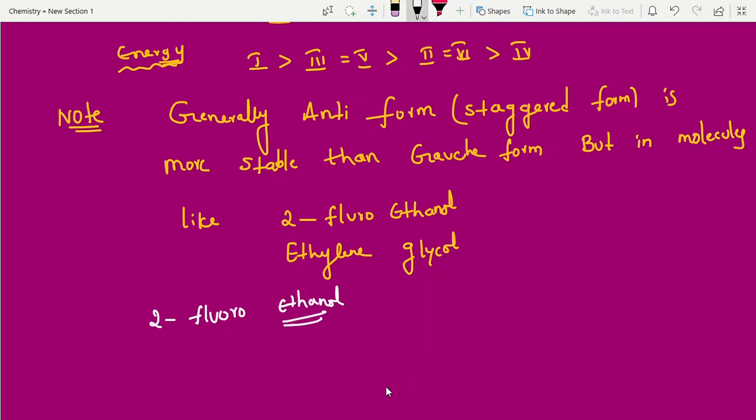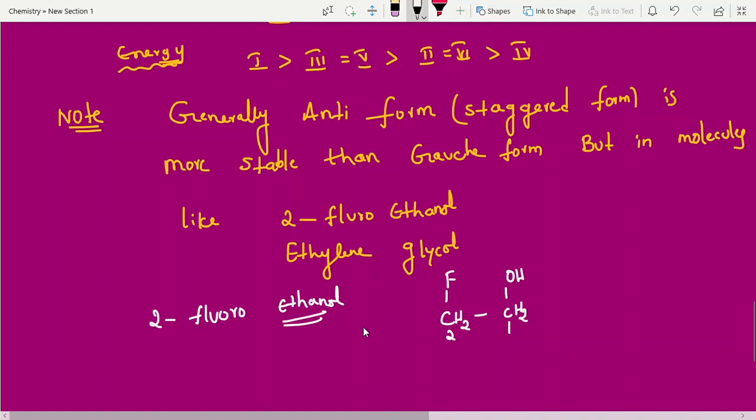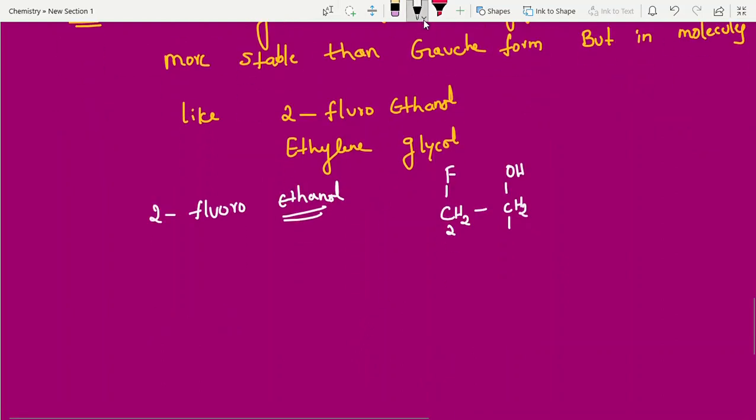Okay, look into this. What is the structure? First write down 2-fluoroethanol, CH2OH. This is the first carbon, the second carbon, fluorine is there. So write the structure. Now front carbon, back carbon. Again we are writing the Newman projection formula. This is the back carbon, front carbon, right? Now the front carbon has fluorine and 2 hydrogens. The back carbon has 2 hydrogens and 1 OH group.